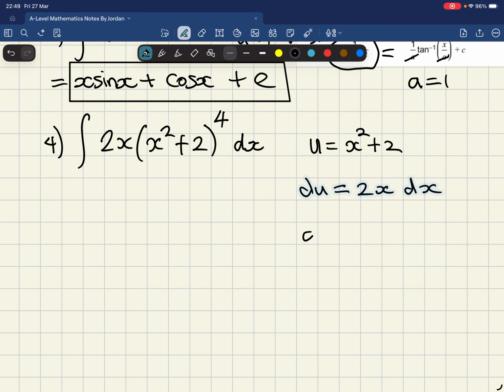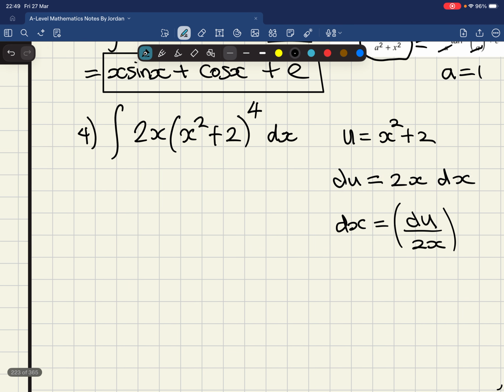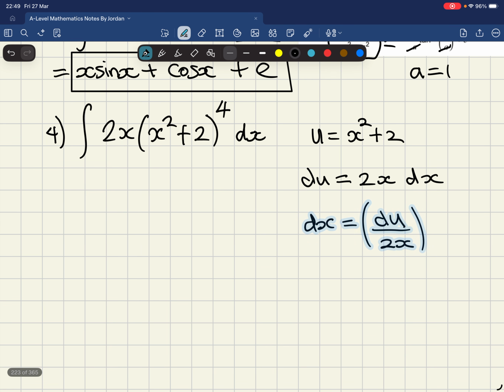And rearranging for dx is du over 2x. And it's nice because what you notice is when you take the derivative, it's actually there at the front. That's a big giveaway. You will see here when I substitute in for dx here, that whilst the 2x is in the denominator, it will cancel out that one there. So that's why you always look for its derivative.